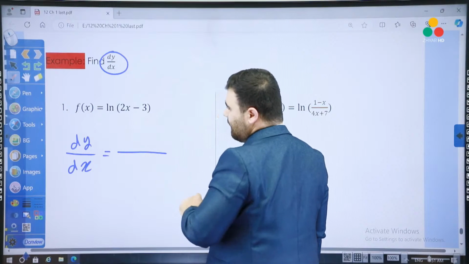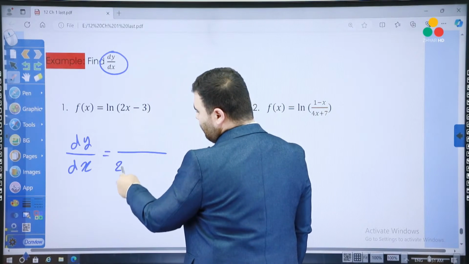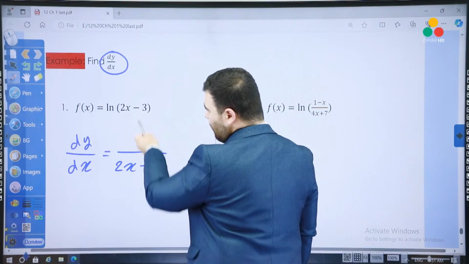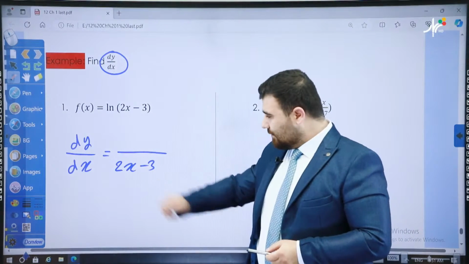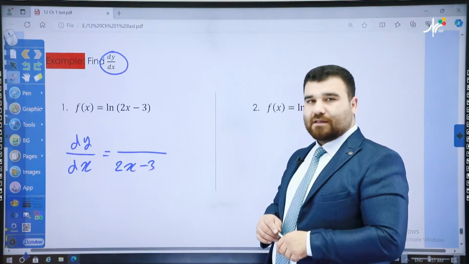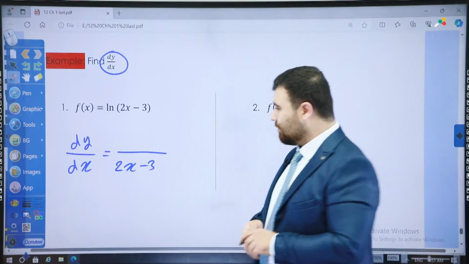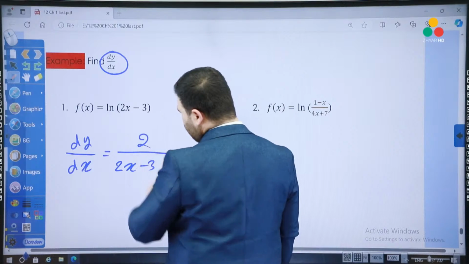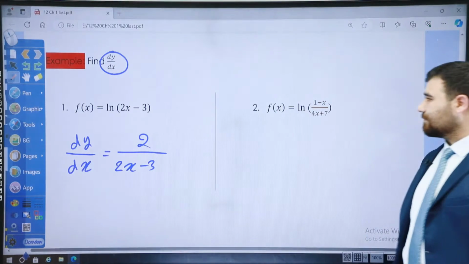Ln, result is a fraction. Whatever is inside the ln goes down: 2x minus 3. What's the derivative of this 2x minus 3? Derivative of 2x minus 3 is just 2. The 2 goes up. This is the derivative.